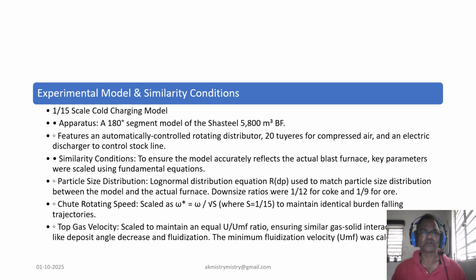And third, top gas velocity. The ratio of gas velocity to minimum fluidization velocity, or U over UMF, was kept the same. This ensures that gas solid interactions like particle fluidization are accurately replicated.